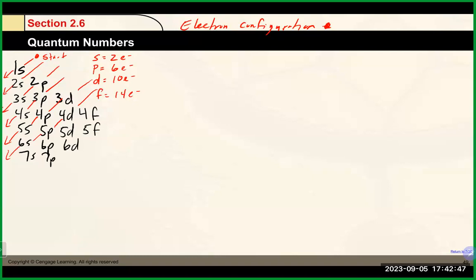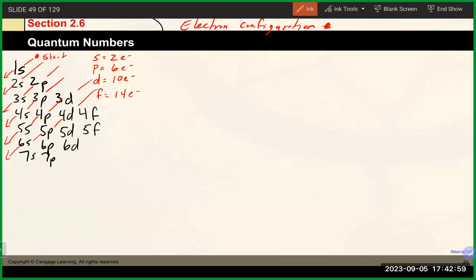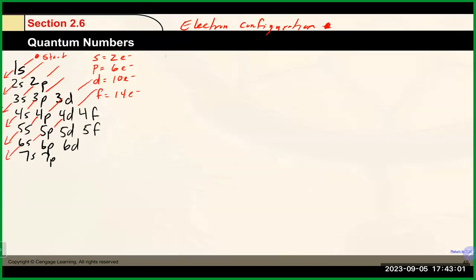So we're going to go through electron configuration and write it, and we'll do some examples. We'll start with the very first one, which is our friend hydrogen. Hydrogen is neutral, so it will have 1 electron. We start up here, and the first orbital we come across is the 1s.